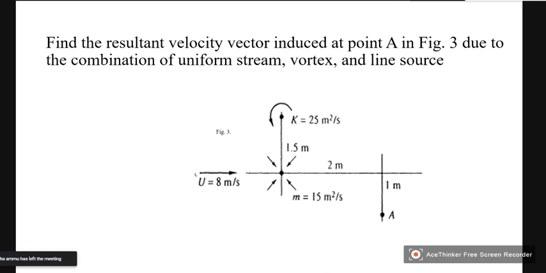One is a uniform flow, the second is a vortex, and the third is a source. So this is one. This is two. And this is 3.